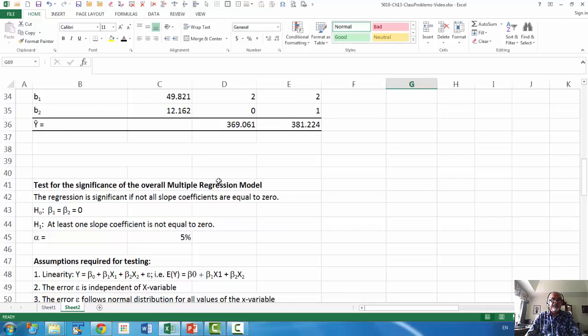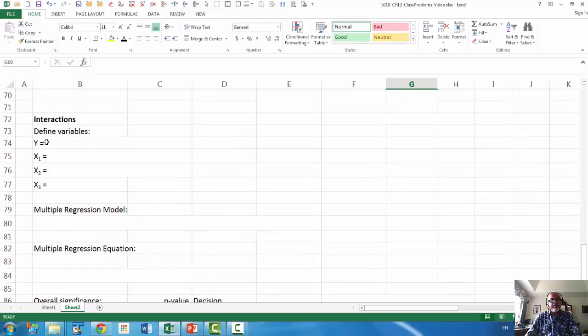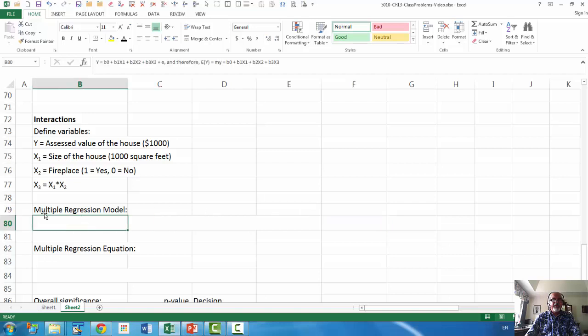Okay, so now we define the variables. Y is the assessed value, x sub 1 is the area, x sub 2 is whether there is a fireplace or not. 1 is yes, 0 is no. And then x sub 3 is the product of x sub 1 and x sub 2. So our multiple regression model will look like that.